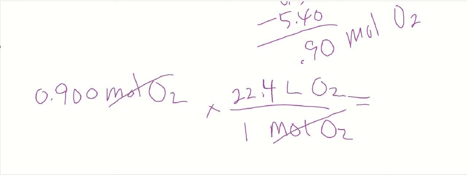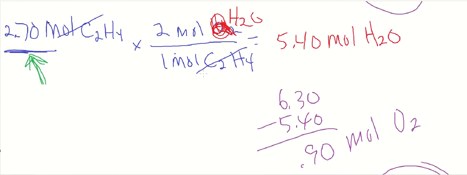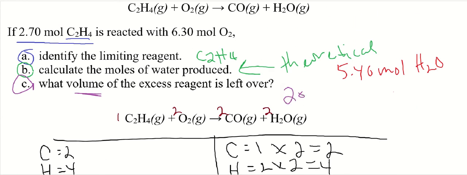All right, let's do it. 0.9 times 22.4. 20.2 liters of O2. Wait a minute. All right. Yeah, I guess that's reasonable. About 20.2 liters is left over. Yeah, that sounds about right. 20.2 liters O2 left over.